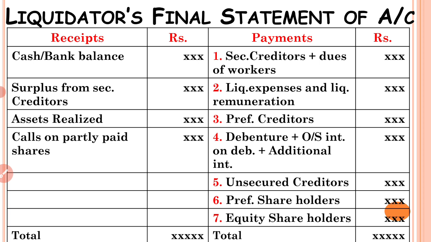And on the payment side: secured creditors plus dues of workers, liquidation expenses and liquidator's remuneration, preferential creditors, debenture plus outstanding interest on debenture plus additional interest, unsecured creditors, preference shareholders plus outstanding if any, and equity shareholders.